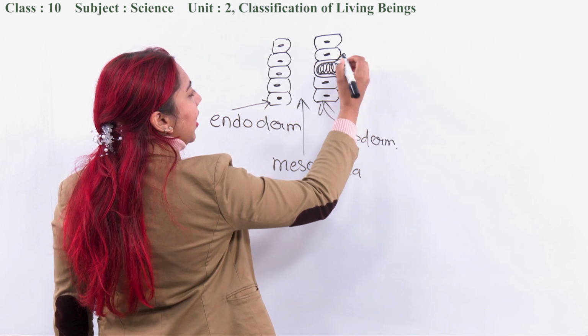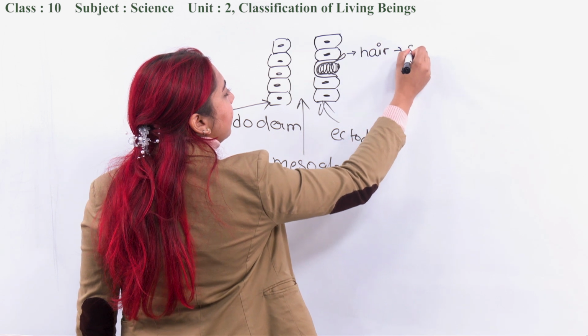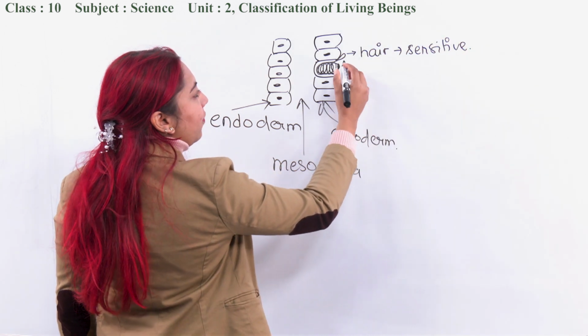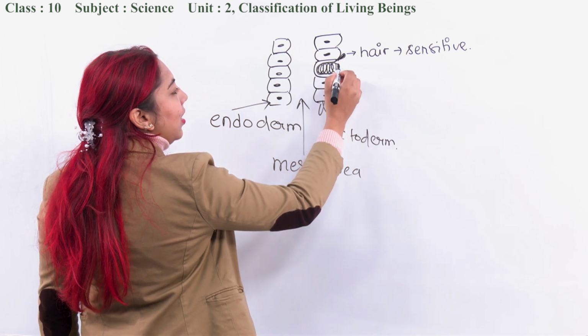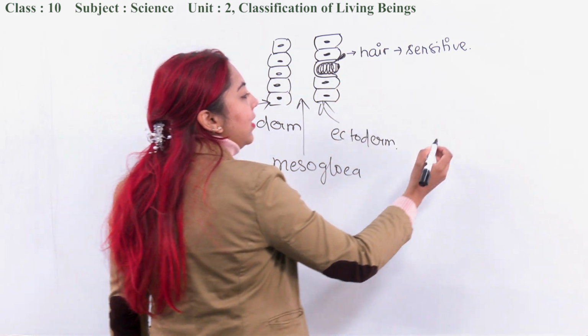And this is a hair-like projection. Now this hair-like projection is very sensitive. And if this hair-like structure gets irritated, this cnidocyst just blasts out.